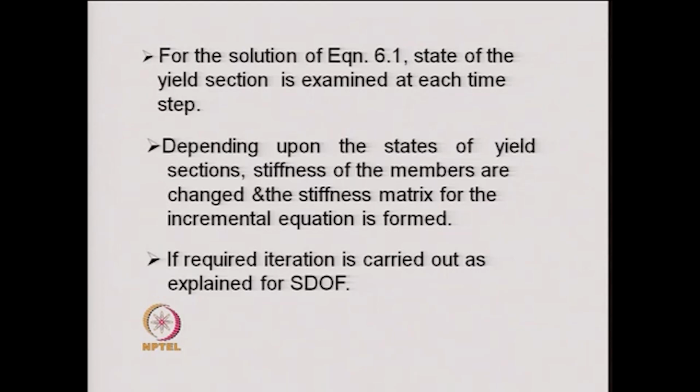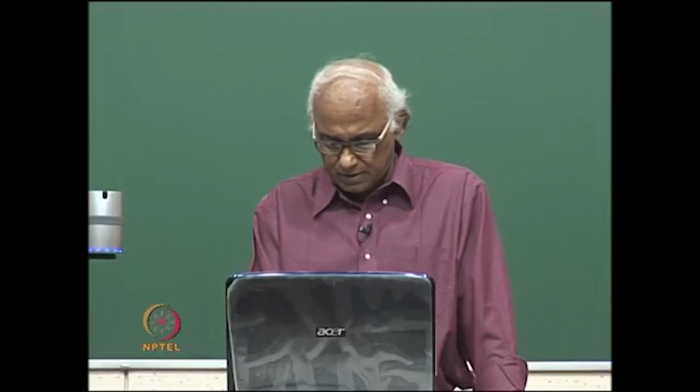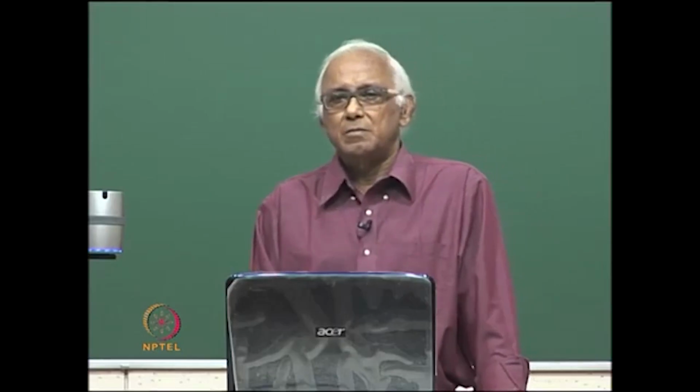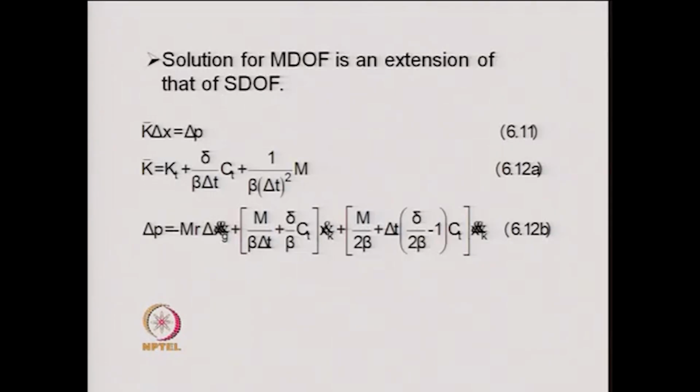In order to solve the problem, we require iteration, as we have carried out in the case of the single degree of freedom system. The solution for the multi-degree of freedom system is just an extension of the single degree of freedom system, and we have discussed how we developed equation 6.11, that is k bar into delta x is equal to delta p, using Newmark's beta method.